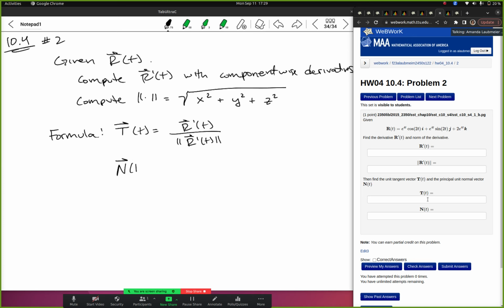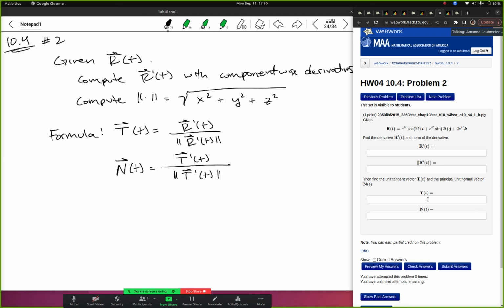N gets a little bit trickier just because you're doing the exact same thing. So you're going to take the derivative now of that tangent vector, and then you're going to have to divide by the magnitude of that tangent vector.